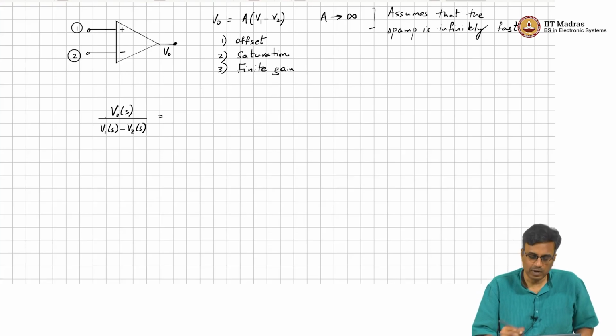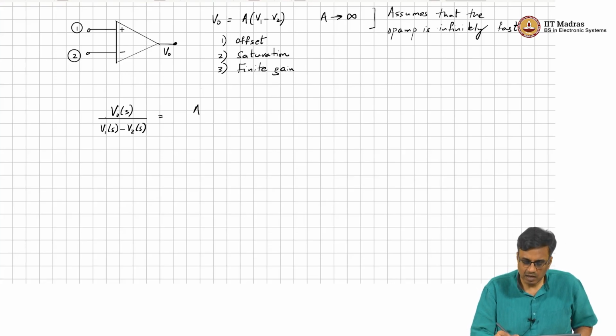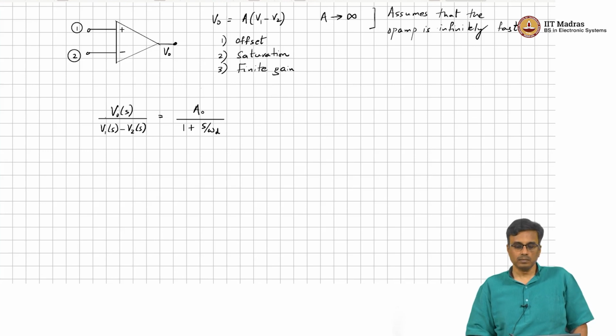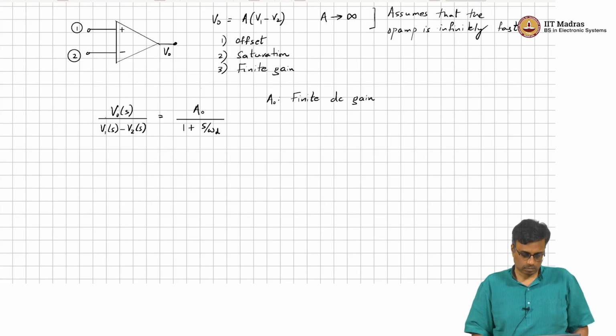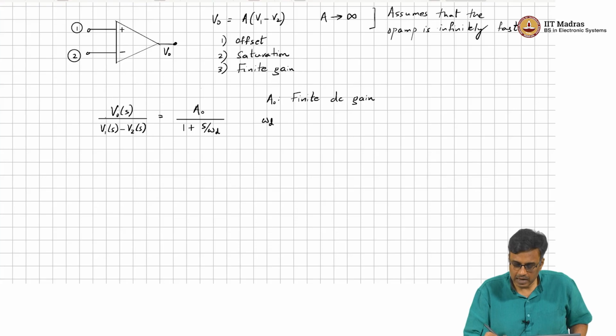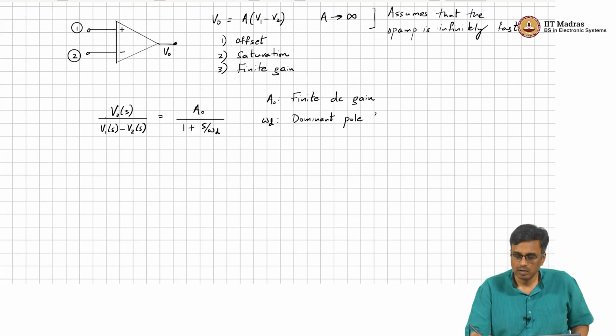It basically has some frequency dependence, as you can imagine, and it turns out to be of the form A naught over 1 plus S over omega D. So, A naught of course represents the finite DC gain, and omega D represents what is called the dominant pole frequency.